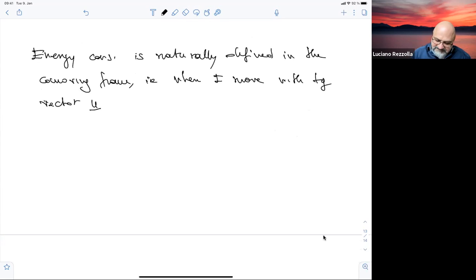What I can think of doing is take nabla T, which is the conservation of energy and momentum, and project it along u. And this will provide me with the energy conservation law.